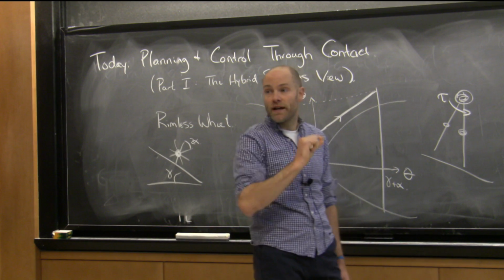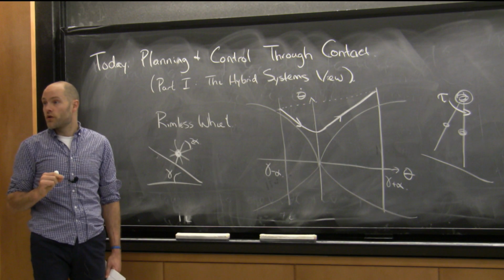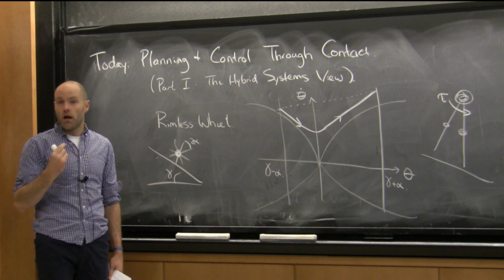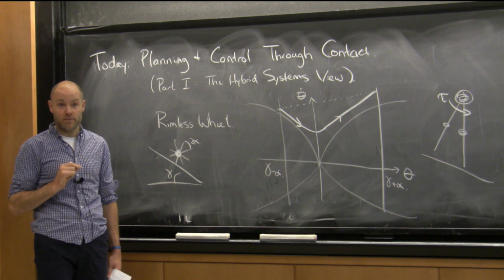I might be able to apply a time-varying torque. Now I can do trajectory optimization to try to find controlled limit cycles, or controlled periodic solutions at least, okay?